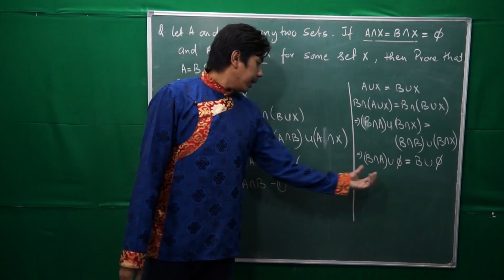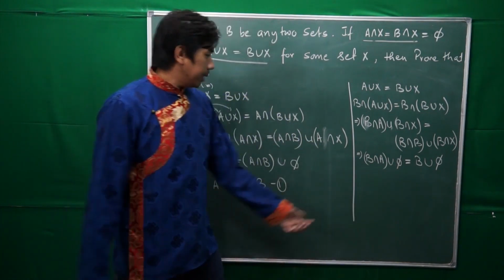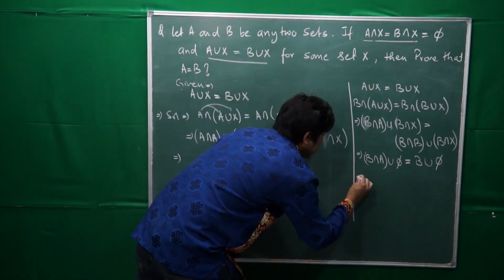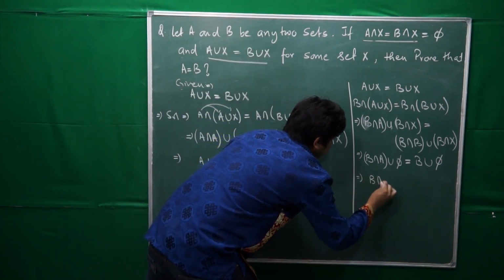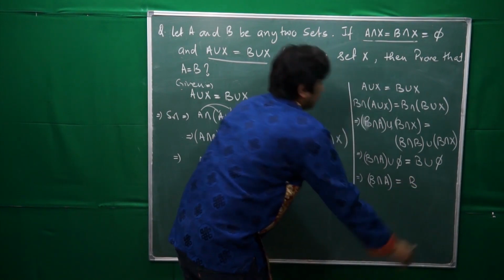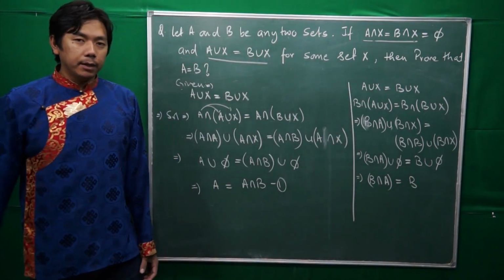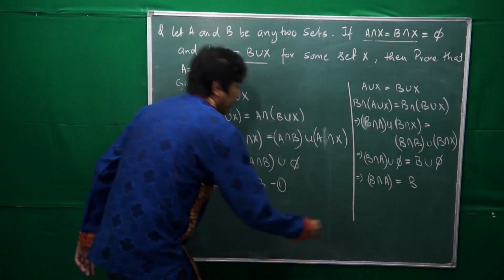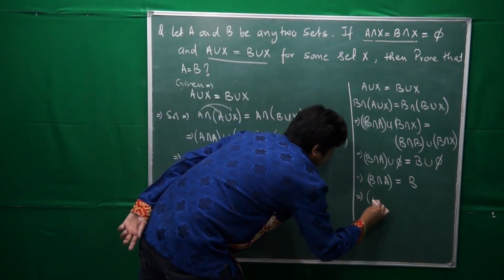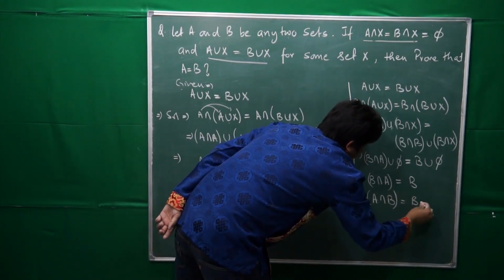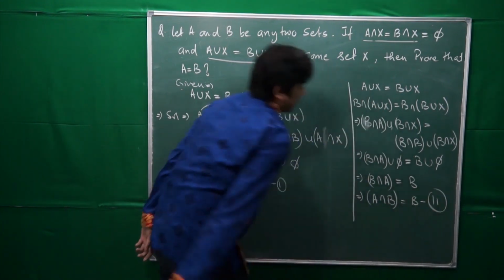Now again, union with the null set, it will again be B intersection A, equals to B. Clear? Now using the commutative law, B intersection A can also be written as A intersection B. This is my second equation.